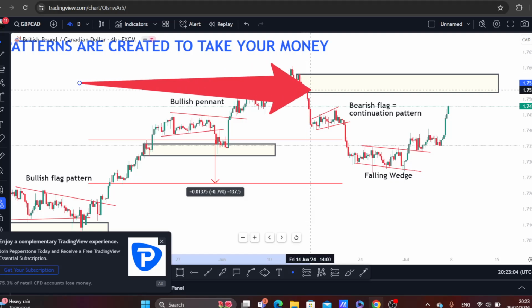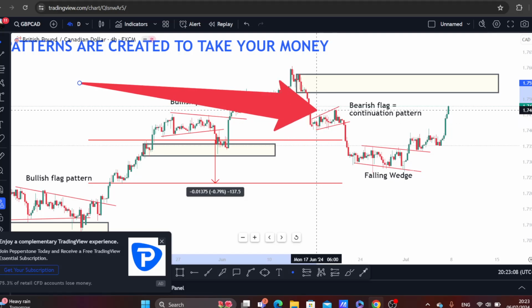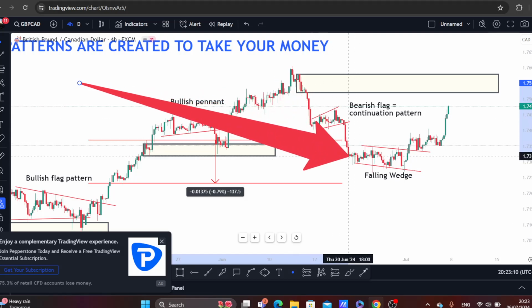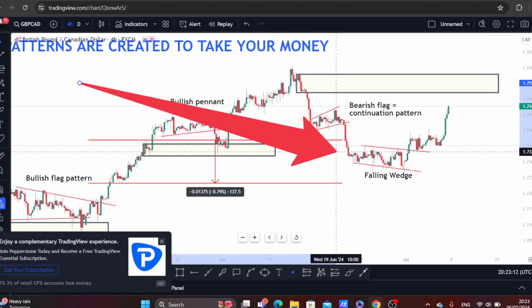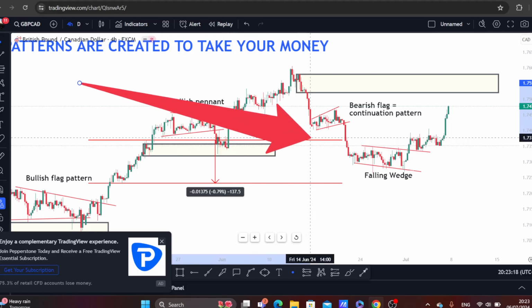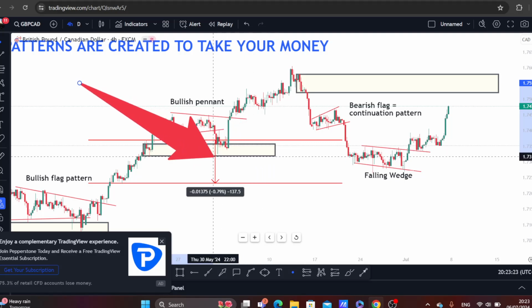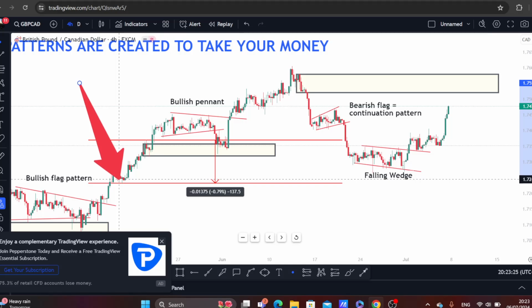Because this is a bearish flag pattern, it's a continuation pattern to the downside. So you're definitely going to hold your trades. There's no profit margin if you've taken the short there. You're not going to be targeting that low. This is the low that you're going to be targeting.